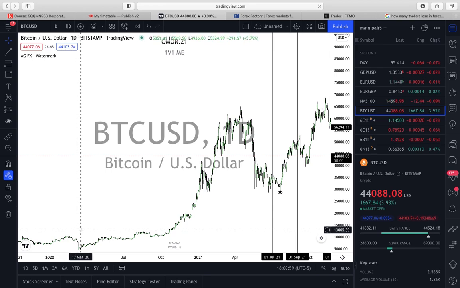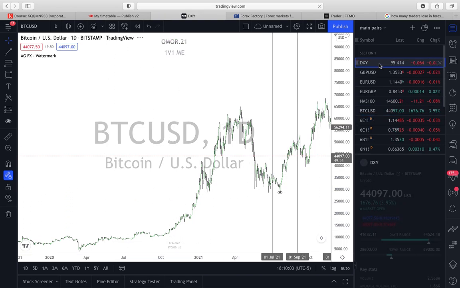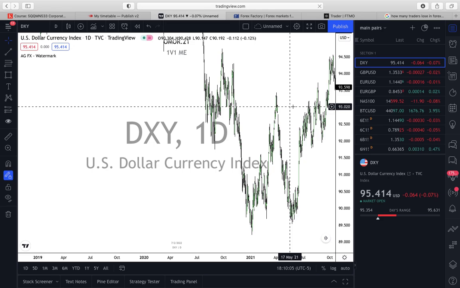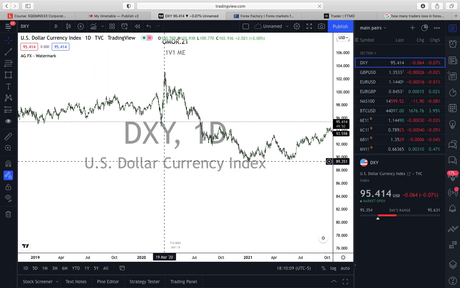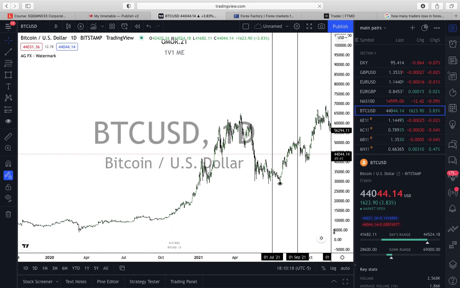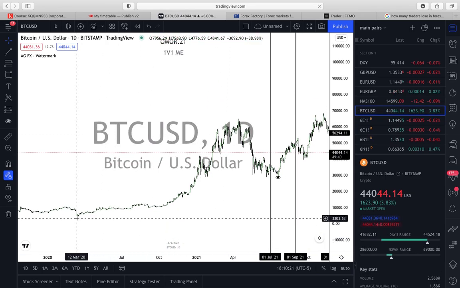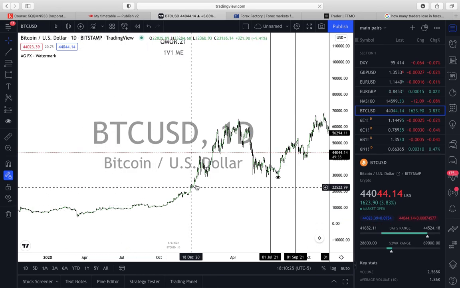March is when the bull run started, when the DXY melted. You can see it, yeah? March, and it was only upwards from here.